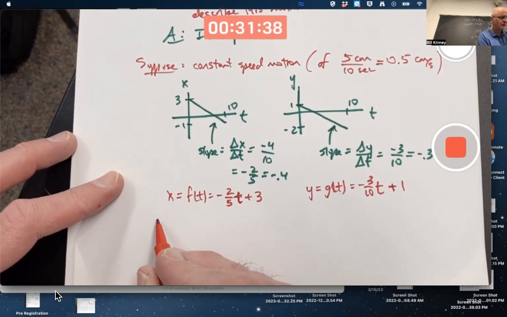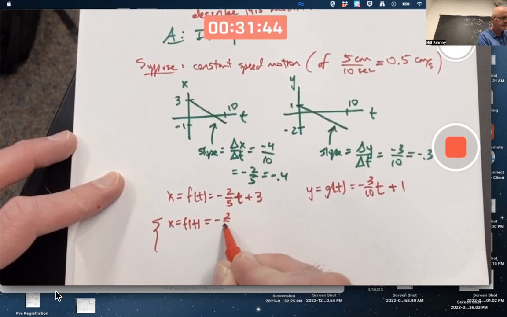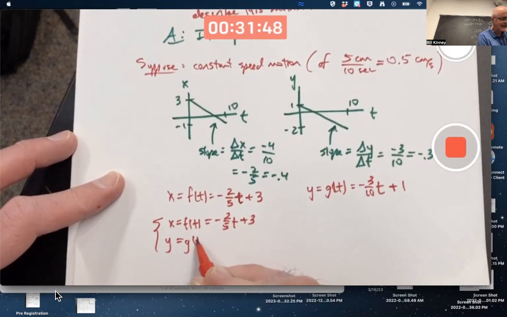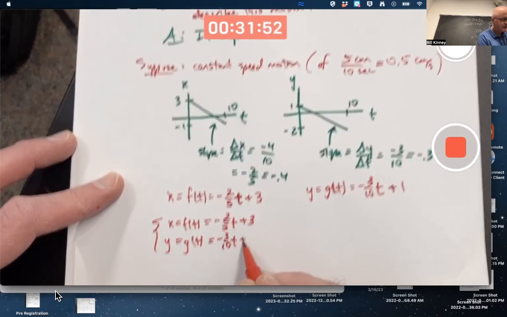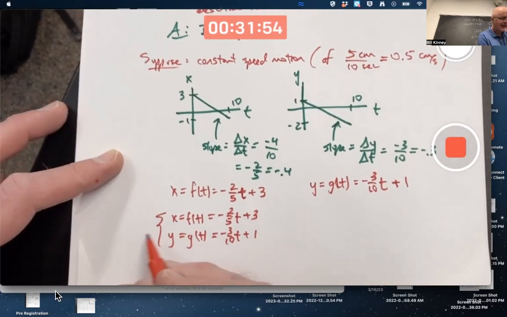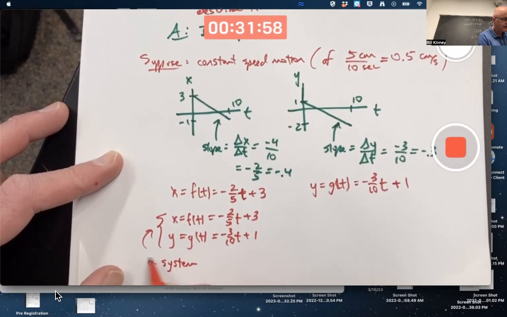Together, this forms what you could call a system of parametric equations. I write it as a pair of equations like this. This is a system of parametric equations.